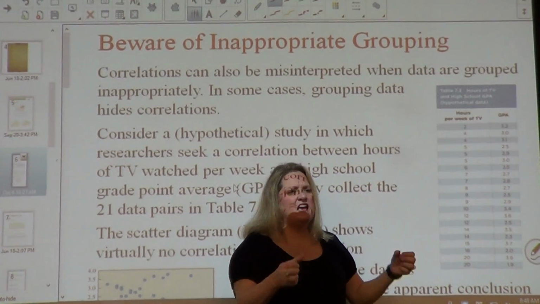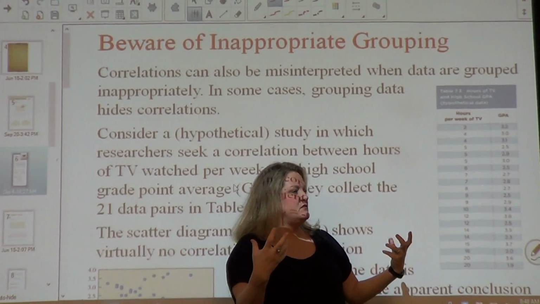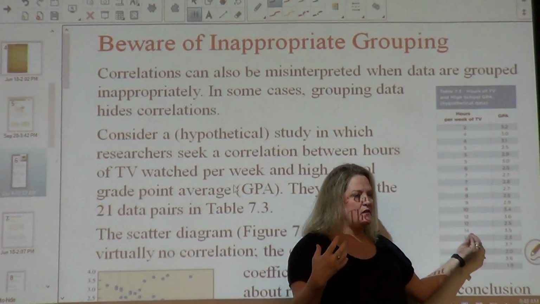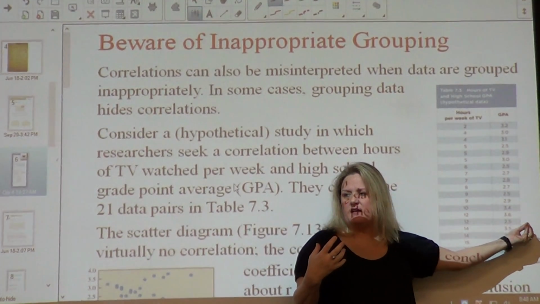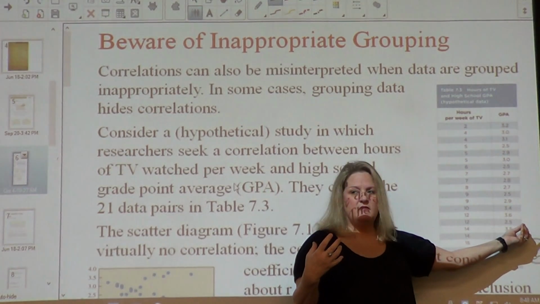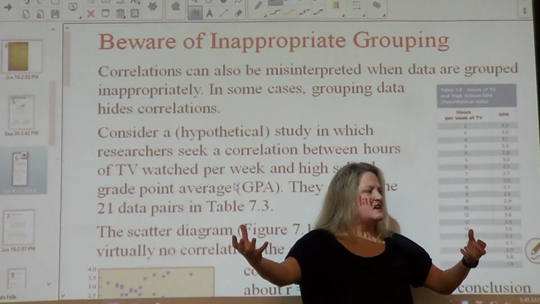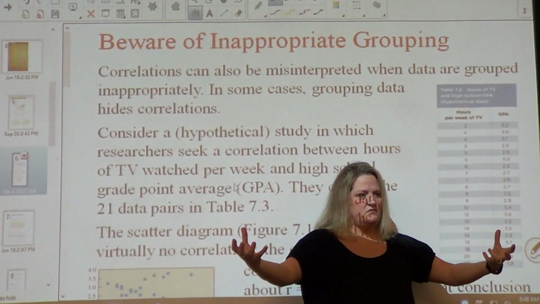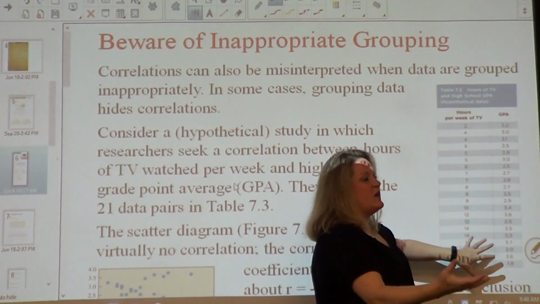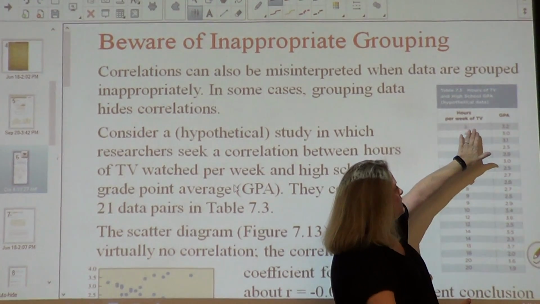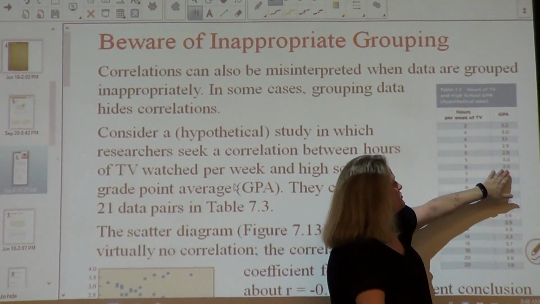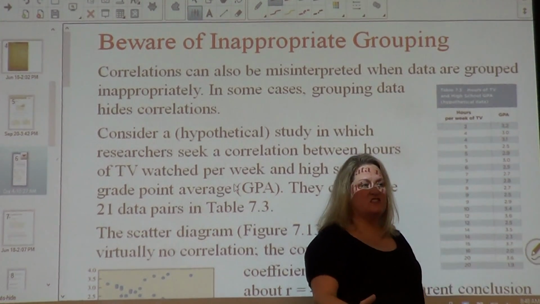Is there a relationship, is there a correlation between watching TV and your GPA? Okay? Ashley and Susan say yes. Krisha says no. So we ask people: 2 hours a week, this is their GPA. 6 hours a week, this is their GPA. 20 hours a week, this is their GPA.